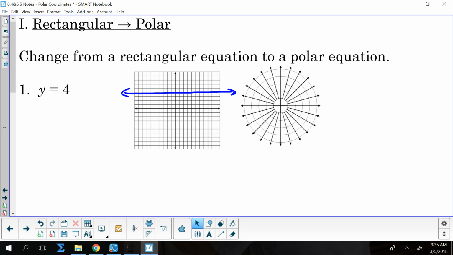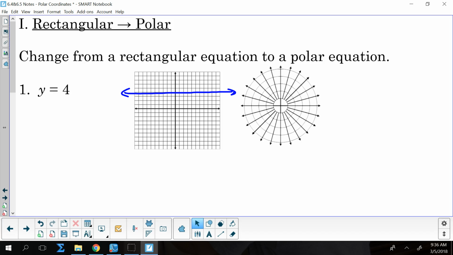No. Rectangularly, it's a line, right? Horizontal, 4 up, above our origin. Polarly, what's it going to look like? FYI, it's a trick question. Why is it a trick question?